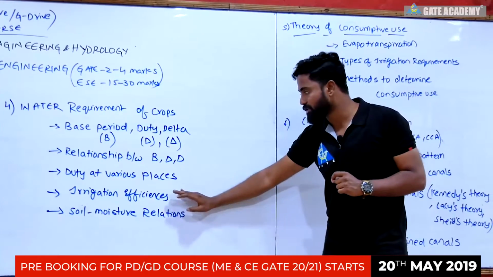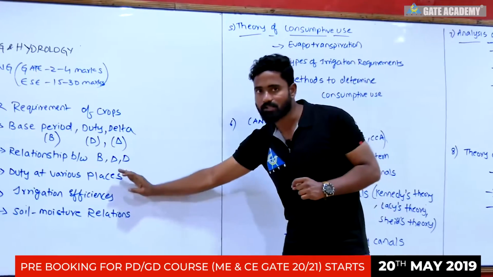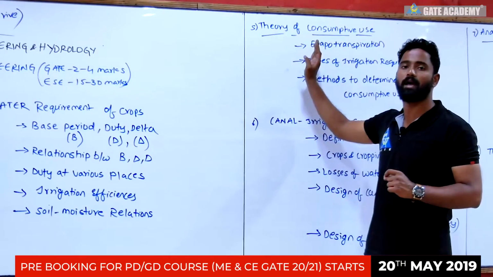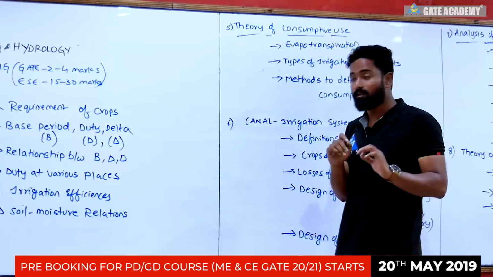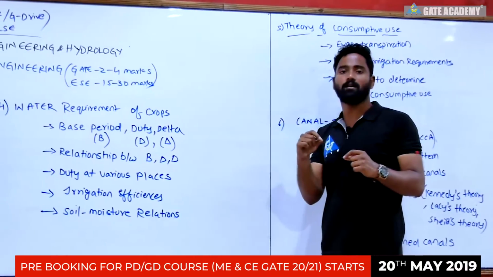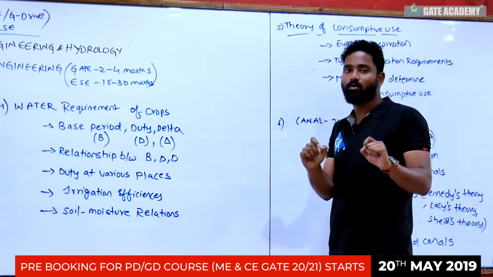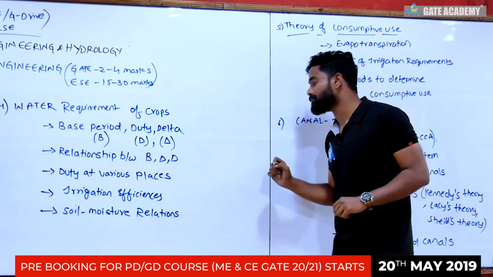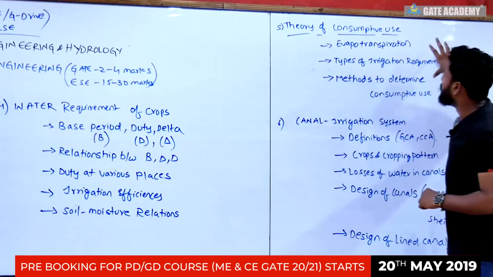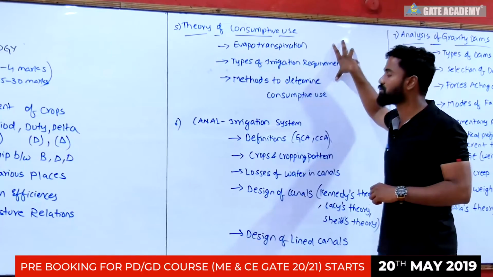See here, irrigation efficiency, soil moisture relationship, consumptive use, all these things will be interlinked and questions will be asked. And generally people don't attempt that question because it is very lengthy, but if you do this question, you have the upper hand over all the other people. So that is one of the great advantages of reading this consumptive use concept.